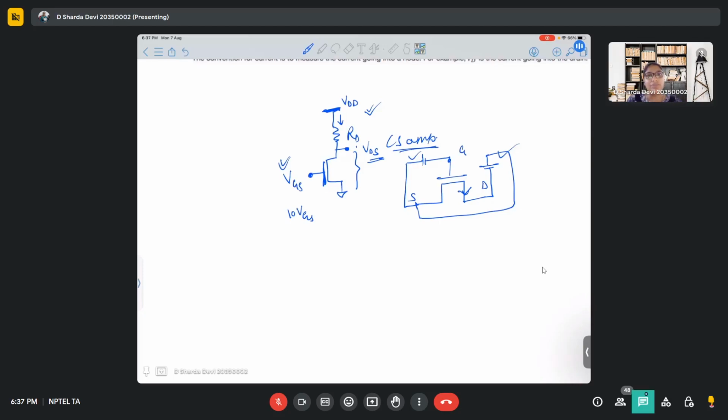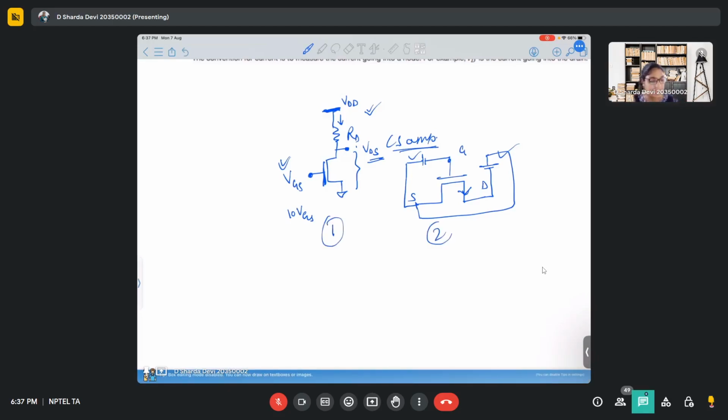So for example, for circuit 1 and 2, let's say in circuit 2, if I want to change my IV characteristics, I'll need to change my VGS and also my VDS, and these two need to be changed independently. You can change them.